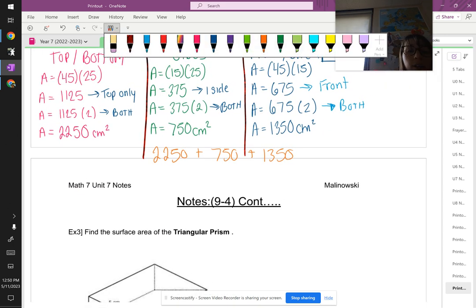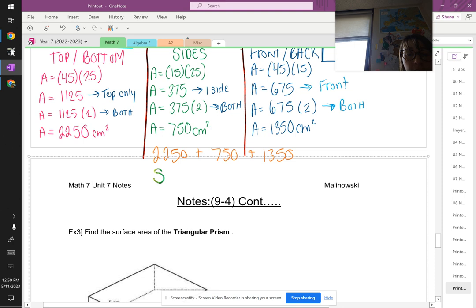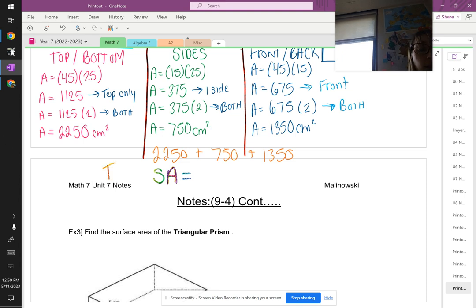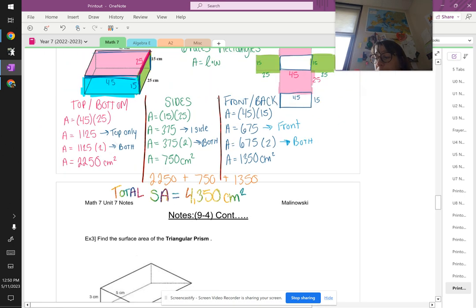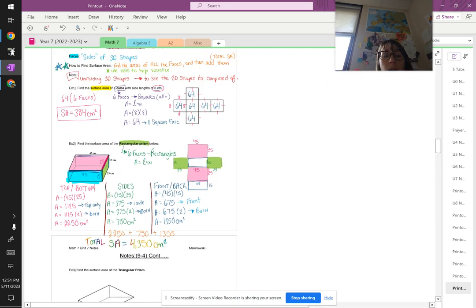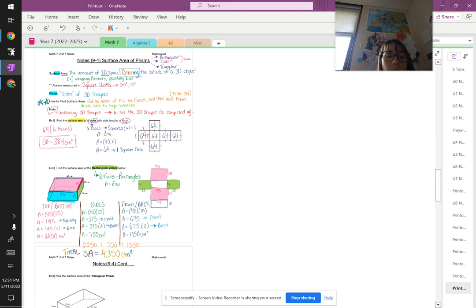All right, notice the change in notation as I get down to surface area equals SA equals, I'm going to call it the total surface area, and that is 4,350 centimeters squared. And that is example 2.